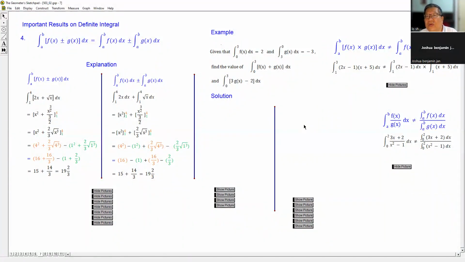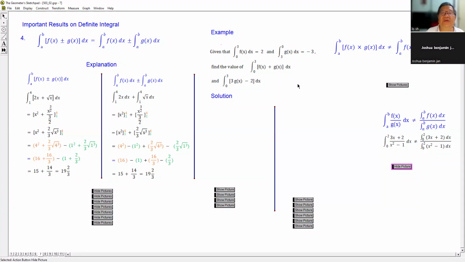Show you how to apply. Okay. Now, this example consists of two questions. The first question is, they ask you to find the value of a definite integral from 0 to 3 of a combined function f(x) plus g(x).